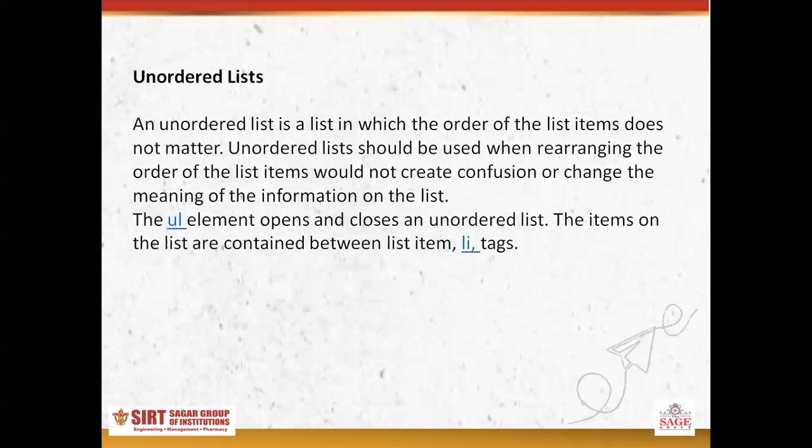Now, as far as we have seen ordered and unordered types of examples, here we are going to see what an ordered list or unordered list is. An unordered list is basically a list where we are not providing any number or any order to the items.